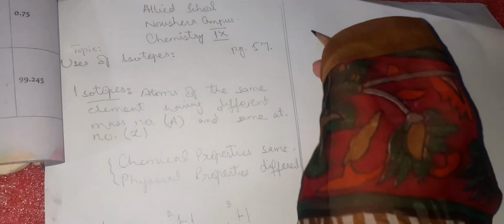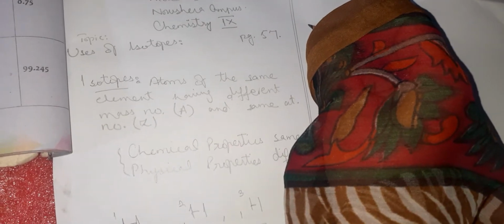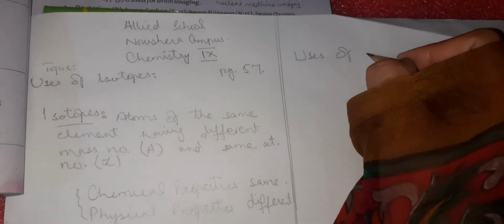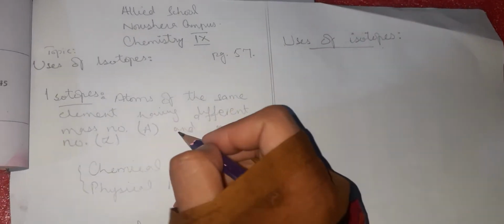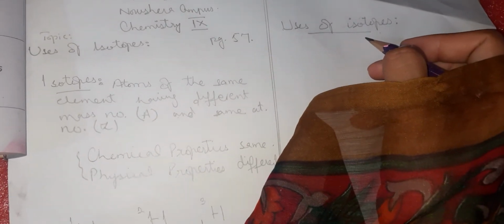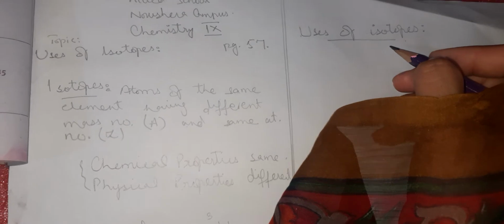So coming towards our today's lecture, it is about uses of isotopes. Isotopes are very important, especially in the field of agriculture, in the field of medicine, and in chemistry or chemical fields.